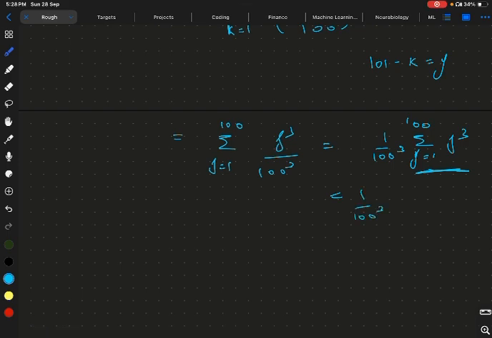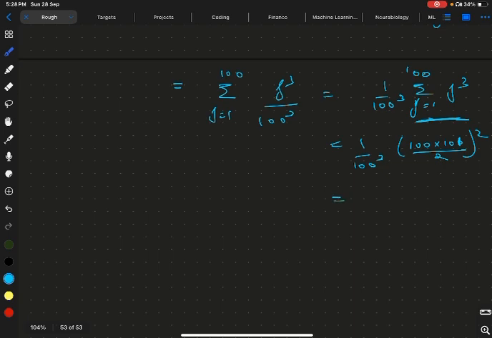We know the formula for it, which is (n(n+1)/2) whole square. So (100 into (100 plus 1)/2) whole square. And after calculating all these, which you can do on your own, it comes out to 25.05. And it is the answer. Hence, our expected value of the minimum will be this.